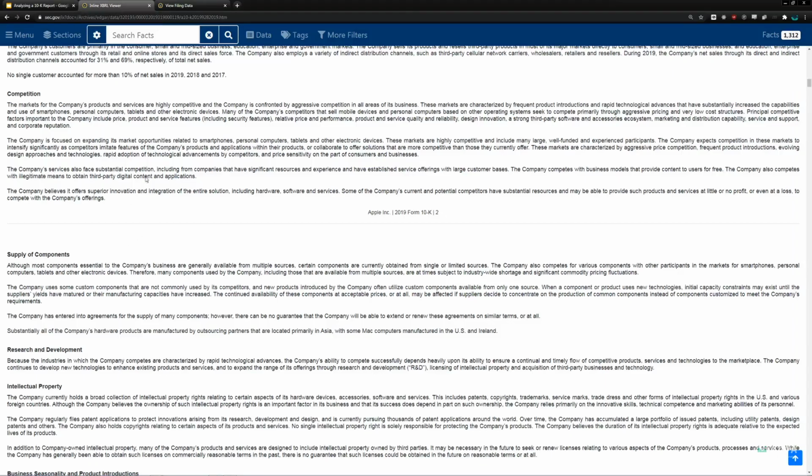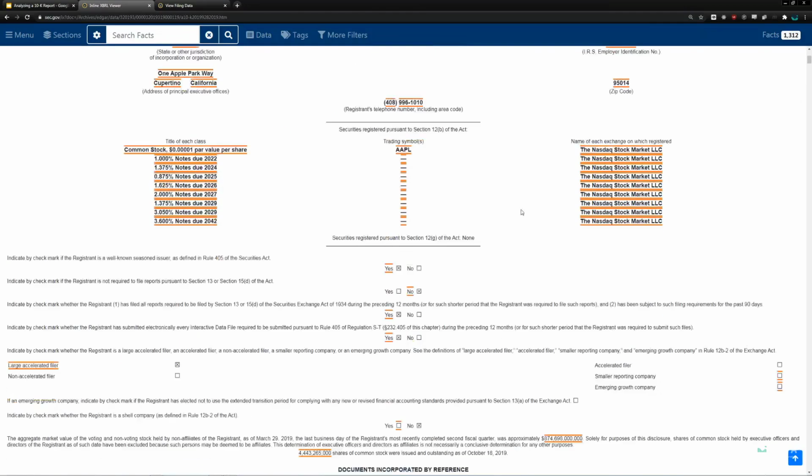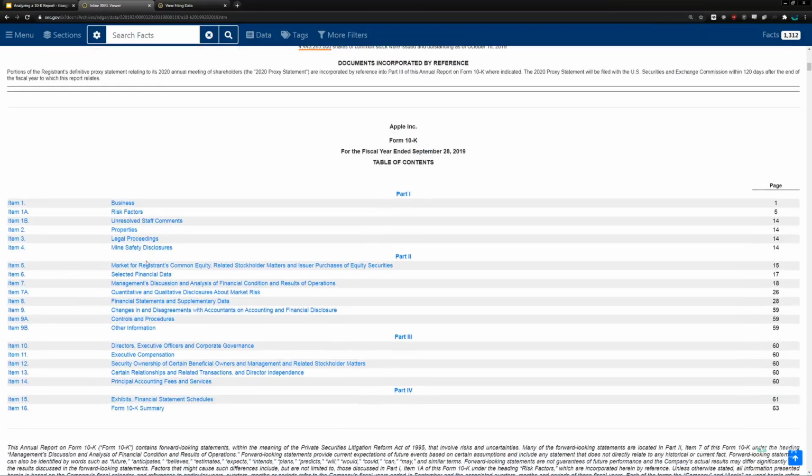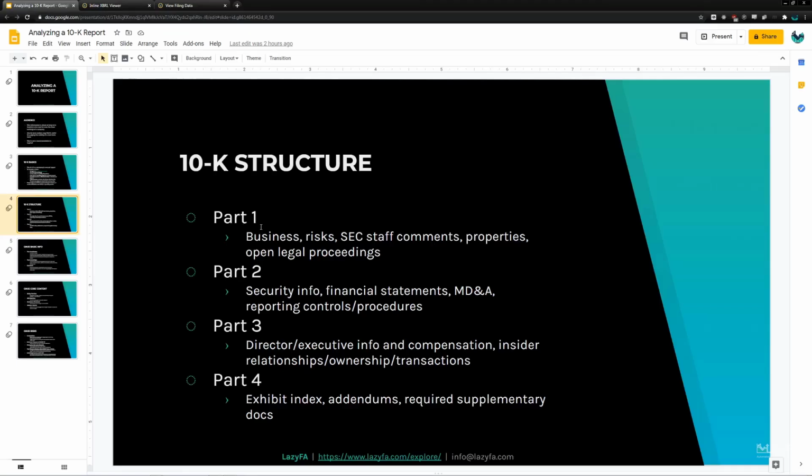It's basically the management's interpretation in their own words of how the company's doing and what their financial standing is. It is management's discussion and analysis of financial condition and results of operation. So this is an important section which I always read.